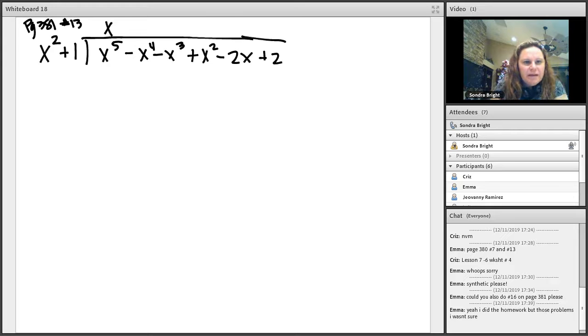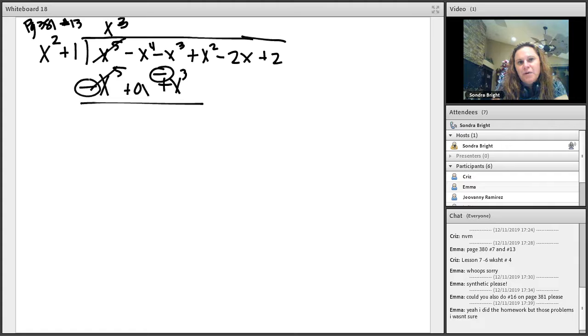It's going to be an x cubed which will give you an x to the fifth, and then a plus x cubed. Subtract, subtract. These guys cancel. This is like a 0x to the fourth. I probably should have filled in the missing little x in there. That would have made more sense.